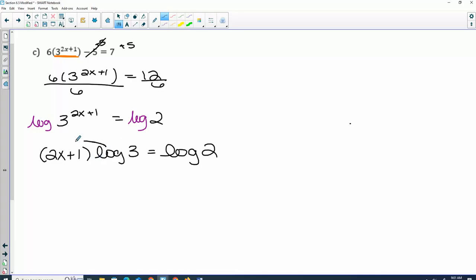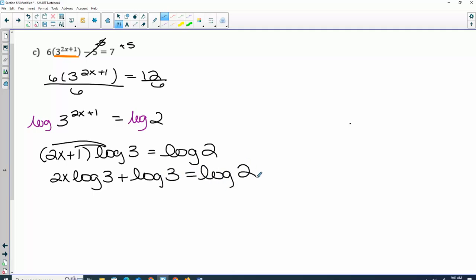Yep, that'll work. I want to get this x by itself so I can subtract over my log 3.